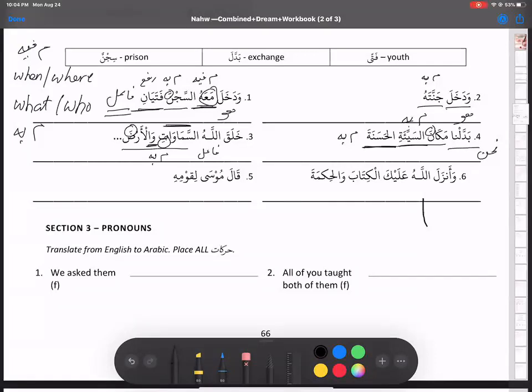Okay. Now, wa'anzalallah. Sister, why is it jar? I couldn't understand. This is samawati. It's not jar. You guys need to remember the Muslimun chart. Muslimatun. Got it. Muslimatin. It's not Muslimatan ever. Yeah, got it, sister.